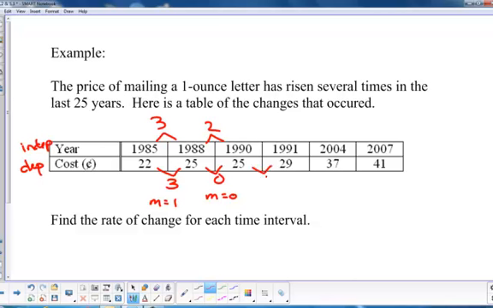This is 4 over 1, so this is a slope of 4. Change of 4 in one step. This is 8 over 13, so that is 8 divided by 13, which is 0.615.